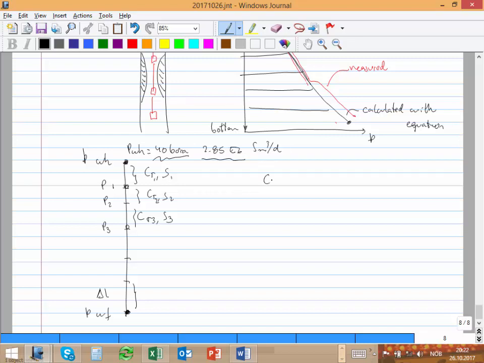So our task here is to calculate the pressure distribution along the tubing for the equilibrium rate.